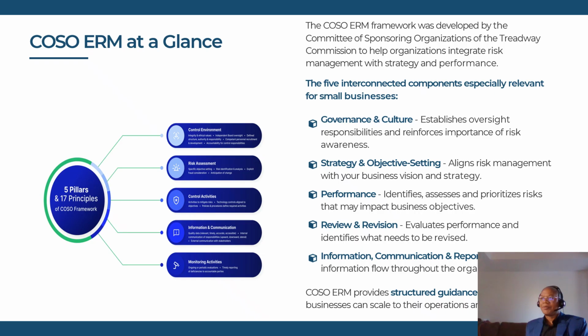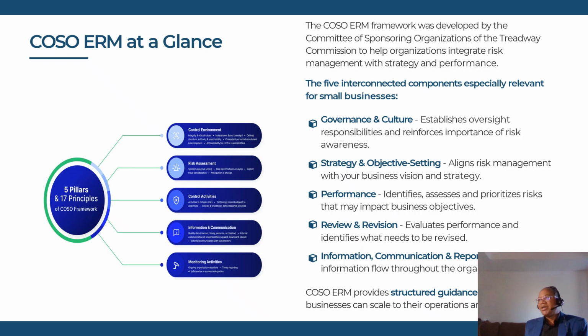The key principles include control environment, risk assessment, control activities, information and communication, monitoring activities. These are also similar in scope to what we saw in the ISO 31000 ERM framework that also talked about risk assessment, the importance of communication and the importance of monitoring and controlling activities as we progress.